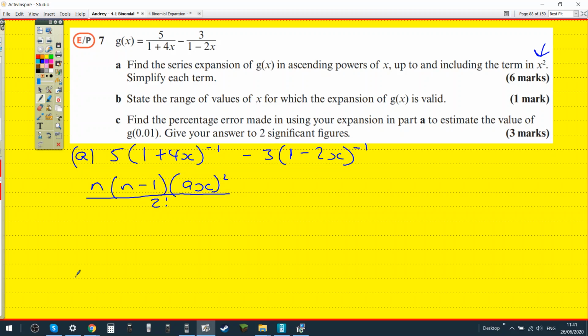So do I need to expand the brackets with 5 times 1 plus 4x? Yeah, if you want, we can do just the x squared term. We can fully expand them if you want.